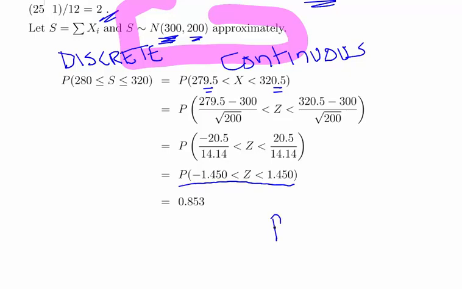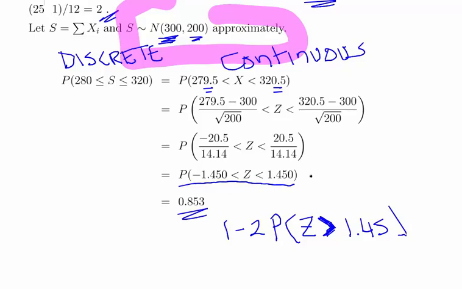So essentially, what we need to do is calculate the probability of z being greater than 1.45, and then work it out. So it's 1 minus twice that.